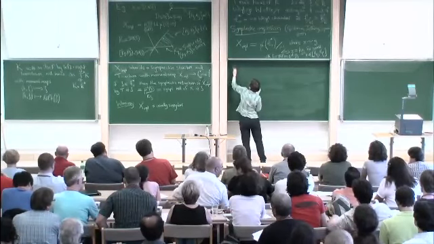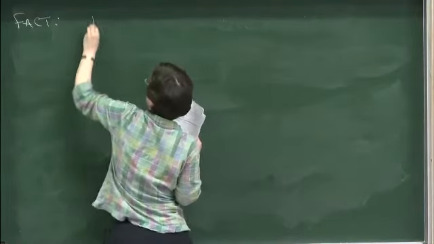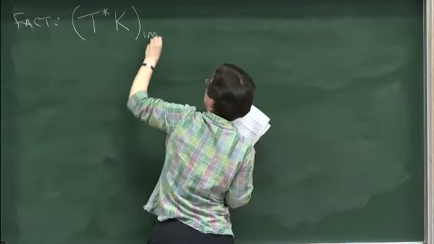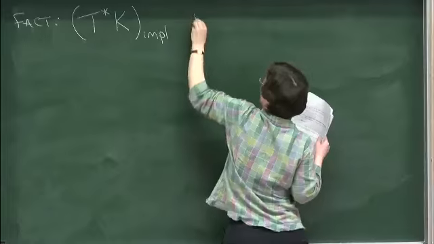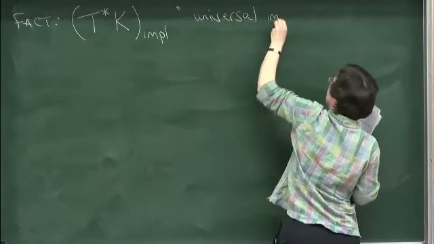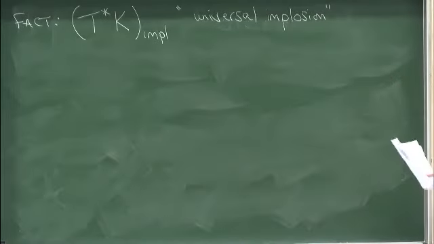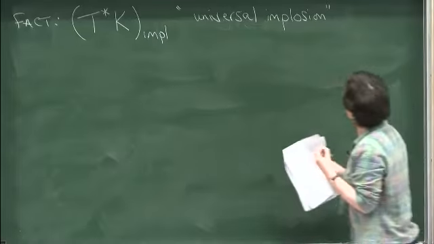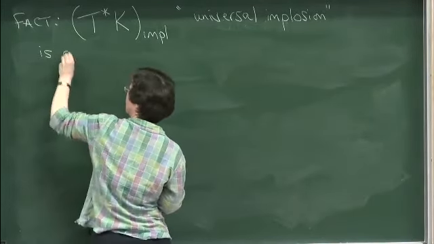So if we take T star K and we take its imploded cross-section, then, as I say, this is the universal imploded cross-section or implosion. This has lots of nice properties. So one is that it's actually an affine algebraic, complex algebraic variety in a natural way.